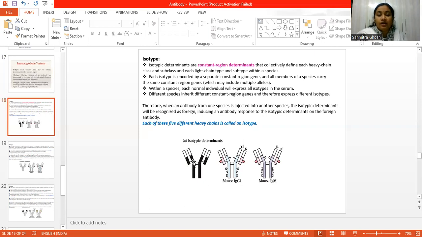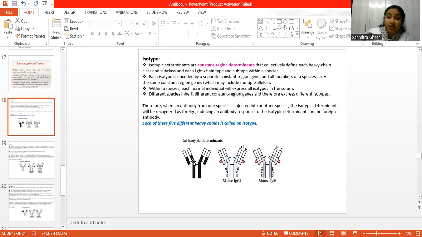Now, in our human system, we have already discussed that there are 5 different types of heavy chain constant regions which are possible, which actually determine the different types of antibodies that we are having.